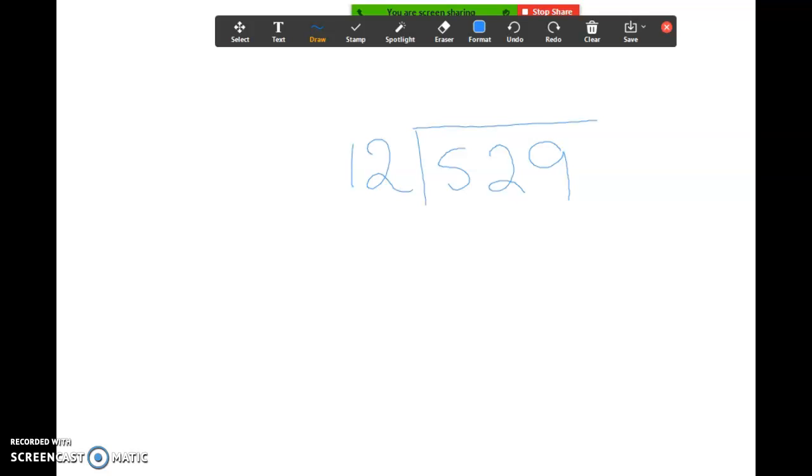Where should I put the 4? Above the 2. Very good. And then 4 times 12 is 48. Okay. So minus that is 4. Okay. Drop the 9. And closest you can get is still 12 times 4. And so then you subtract 48.